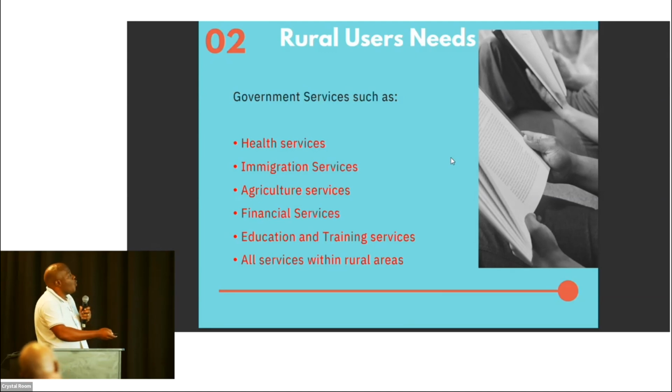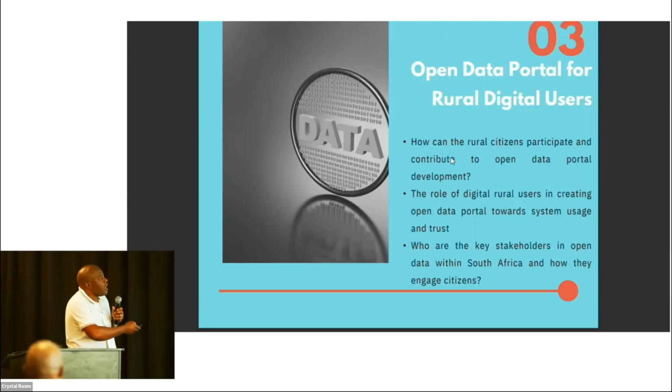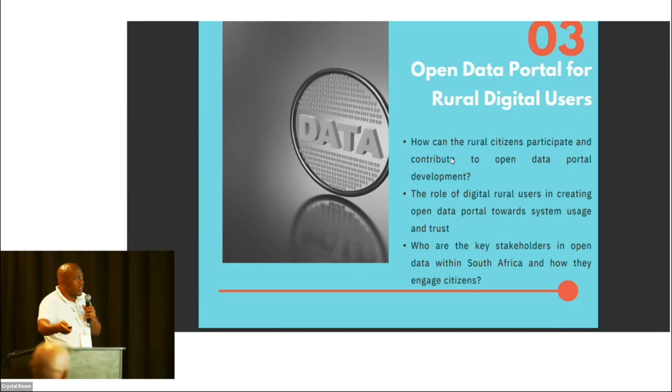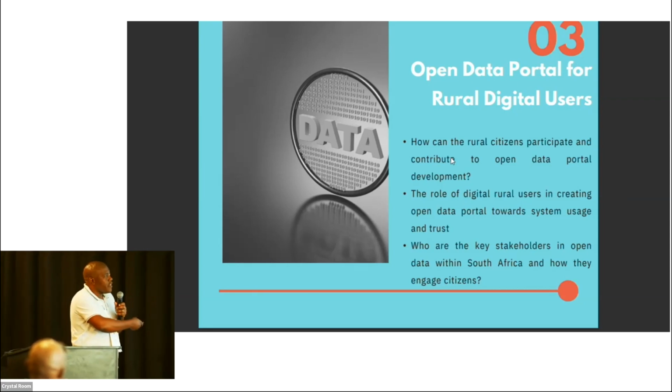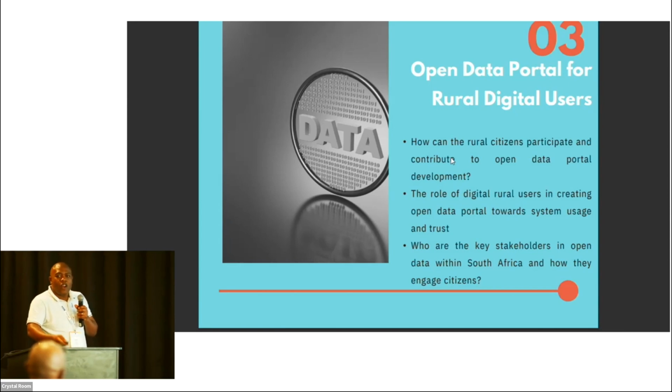These are their needs. So you ask yourself now, how do they want to be involved? They want those services, so how can they be involved to contribute? I come from Eastern Cape, so we do everything.